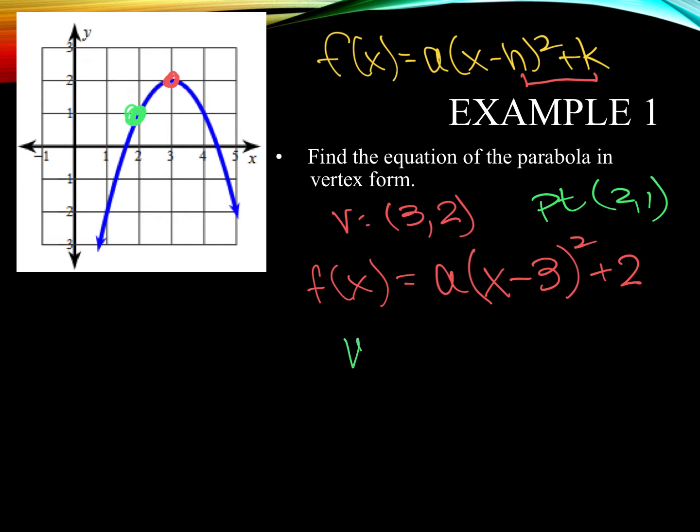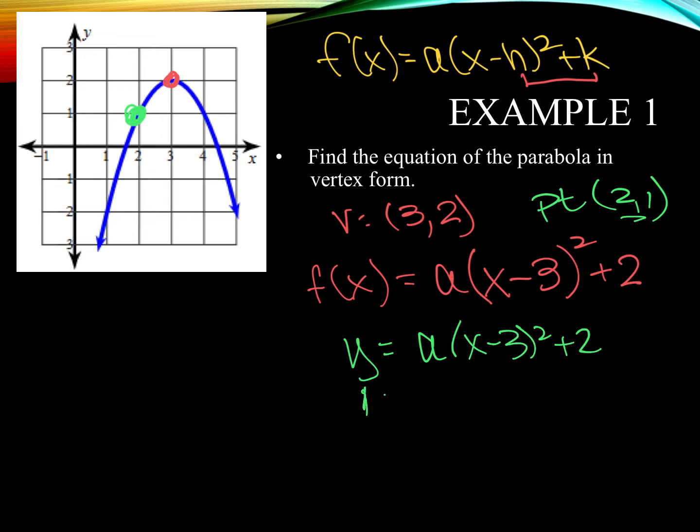Remember, f of x is really y equals a times a quantity of x minus 3 squared plus 2. And then I'm going to take that point 2, 1 and plug it in for my x and my y.